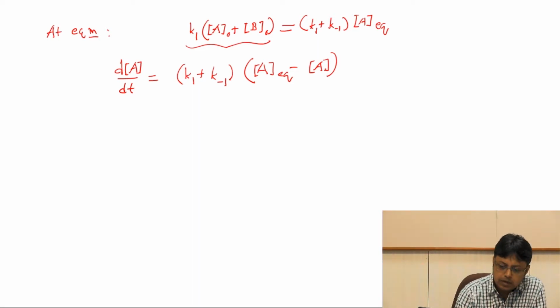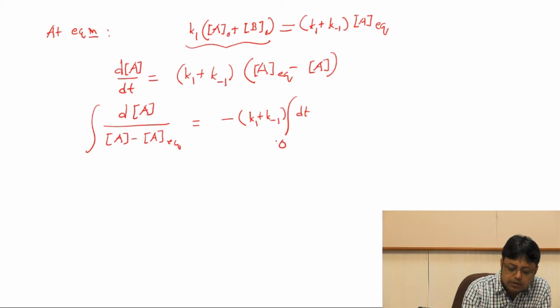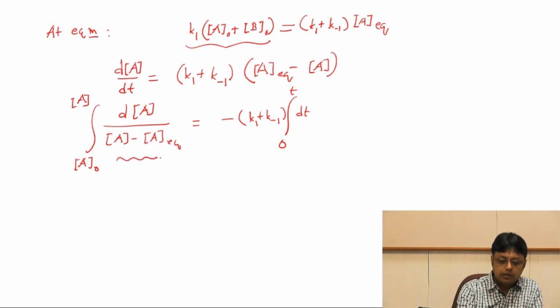And then we can integrate it: dA divided by A minus A equilibrium equals, with a negative sign here, K1 plus K minus 1 into dt, integrating from time equal to 0, where we have the initial concentration A0, to time t, where you have A. So that integration is nothing but a logarithmic integration. So we'll have ln.